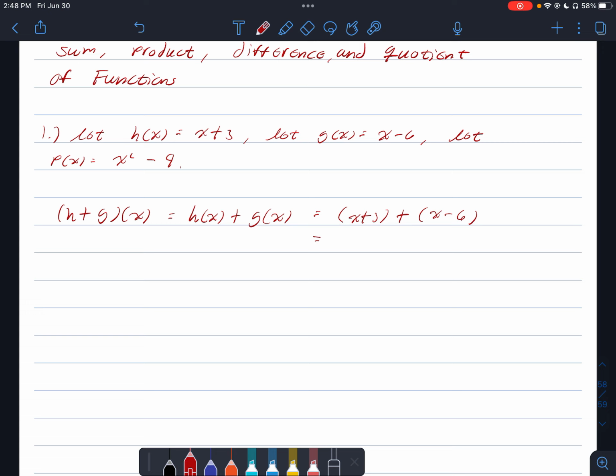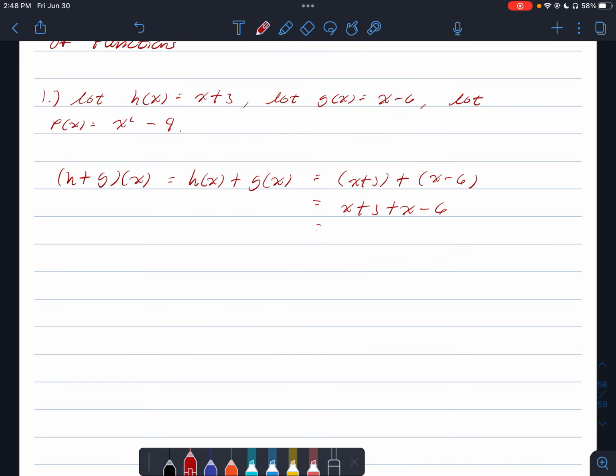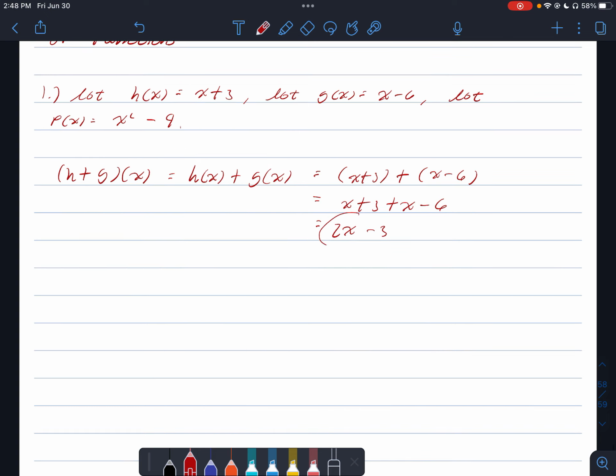So this is x plus 3 plus x minus 6. Remove those parentheses, and we have 2x plus 3 minus 6, or just minus 3. So h plus g of x is 2x minus 3.